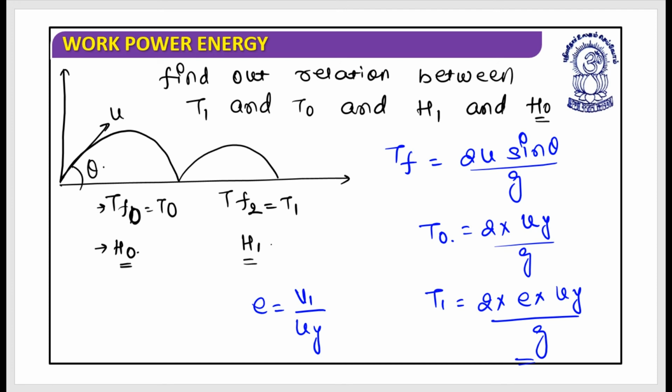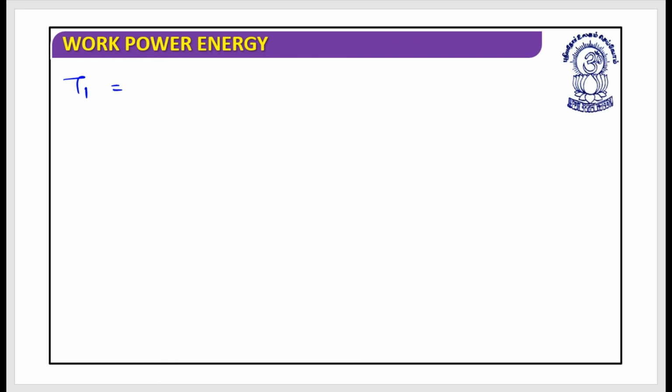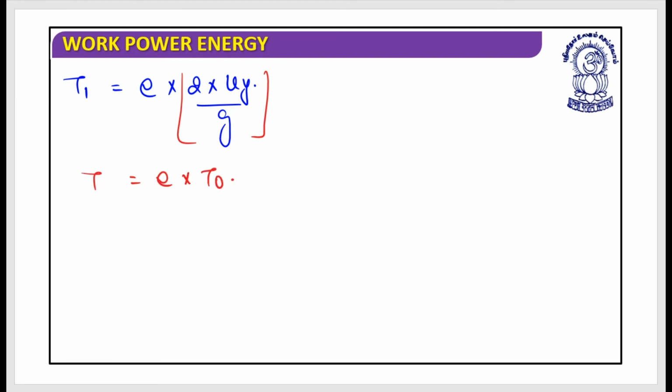Any confusion? Great. So this t1 could be written as e multiplied by 2 multiplied by uy divided by g, and this would be equal to e into t naught.